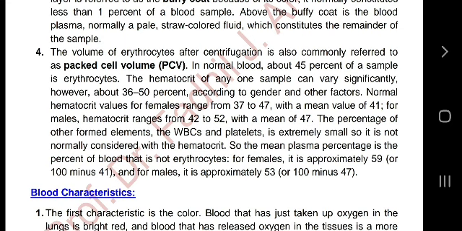For females, it is approximately 59%, or 100 minus 41. And for males, plasma constitutes about 53%, after taking the average of cells, about 47, which gives 53%.